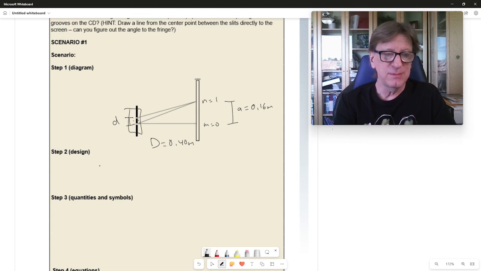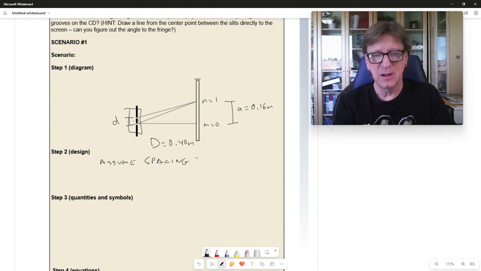Okay, you got it? Let's see how you did. So for our design, we're going to assume that the spacing on the CD, so that's between those bumps, those grooves on the CD, is going to equal d. That's going to be our slit width.